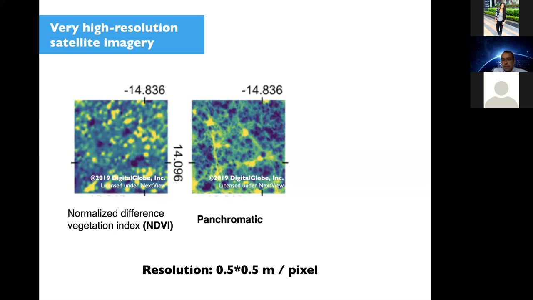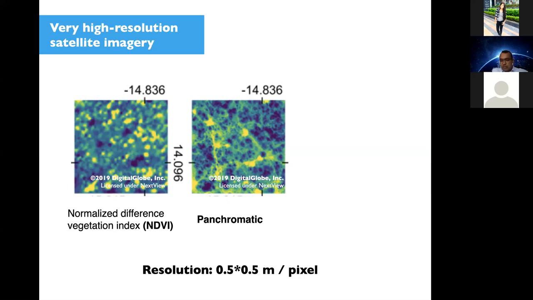The idea is that trees absorb red, so they look green, and they emit near infrared because they're living objects. So it's near infrared minus red, divided by near infrared plus red. That gives you high values in places where you have trees and low values where you don't. Or it could also be grass or shrub, something that's living and green. That's essentially the meaning of it.